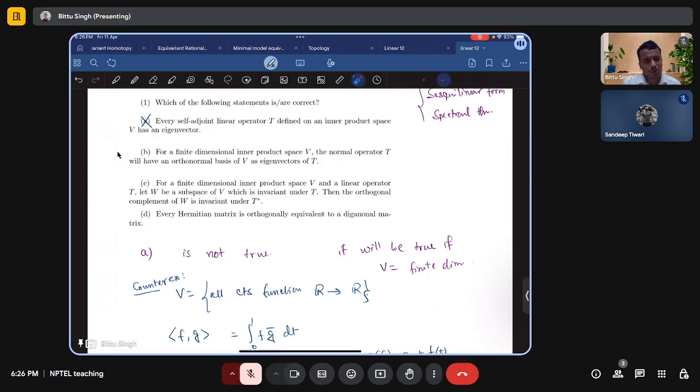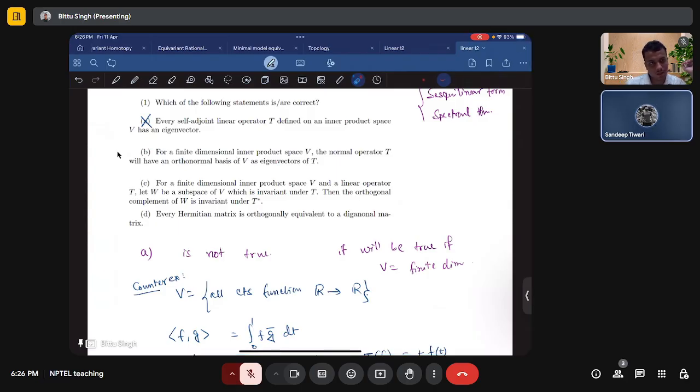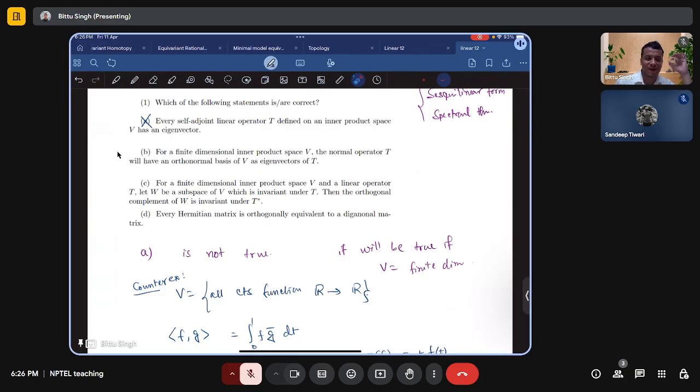So in general, the rule is that if the field is not given, we will assume the field as complex C. This is not a rule written anywhere; we always assume those kinds of facts. For example, we always consider that every polynomial has a root.